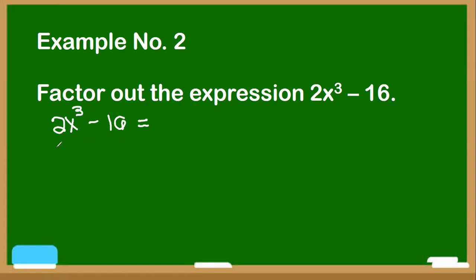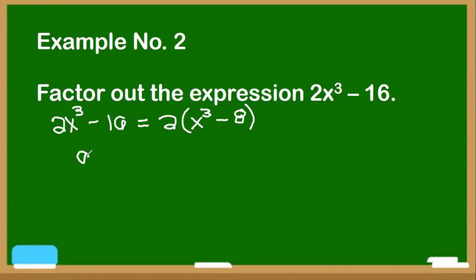The greatest common factor between 2 and 16 is of course 2. Then x cubed minus 8. We will be able to factor x cubed minus 8 using the difference of two cubes.